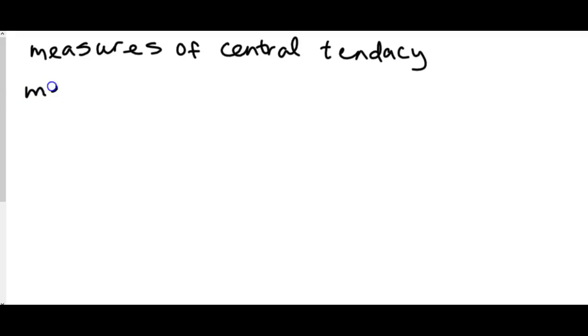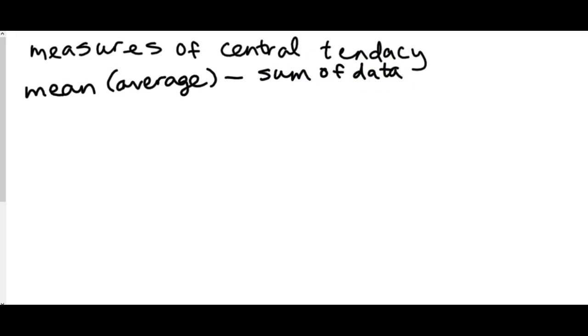So first there is the mean. That's another word for average value. And the mean is the sum of the data divided by the total number of data, however many numbers are on the list.